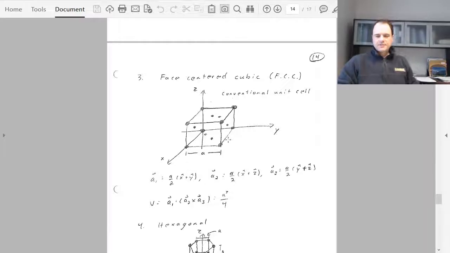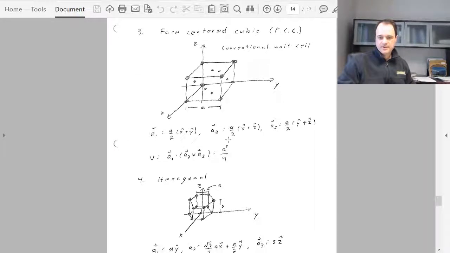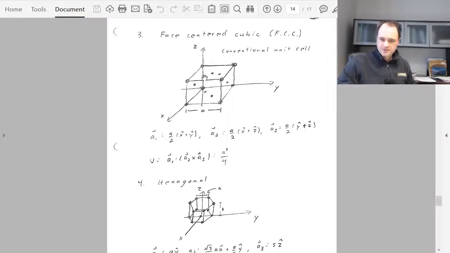And then finally, we'll look at two more, the face-centered cubic and the hexagonal. The face-centered cubic is a simple cubic, but on each face you have an additional identical scatter. Here, the shortest primitive translation vectors go from here to there, from here to there, and from there to there.